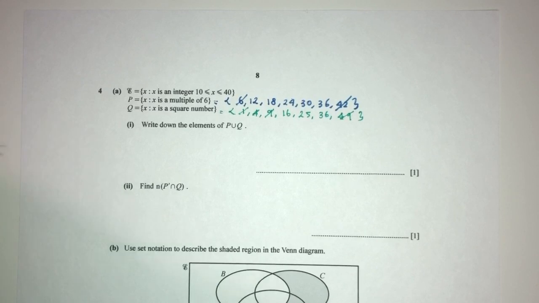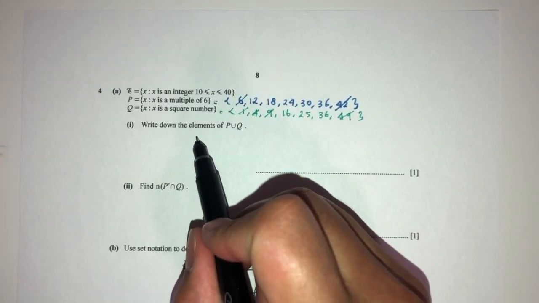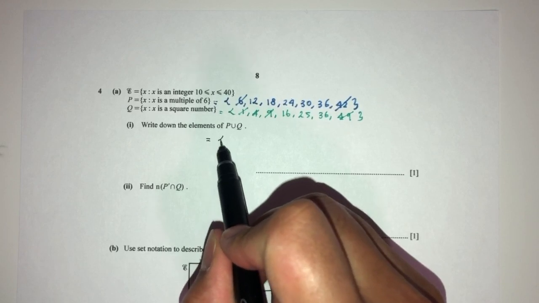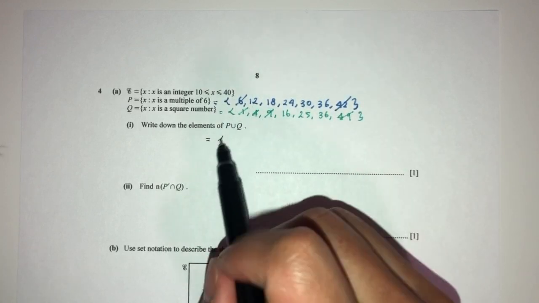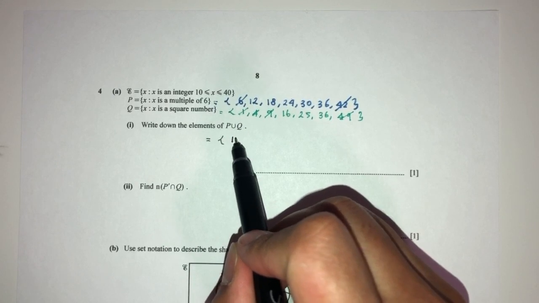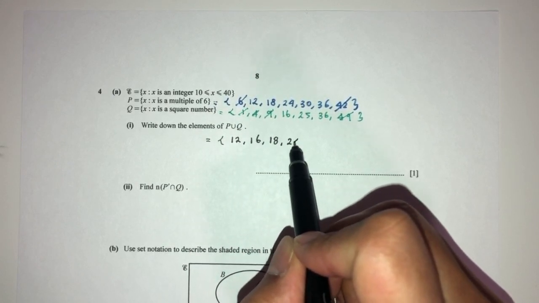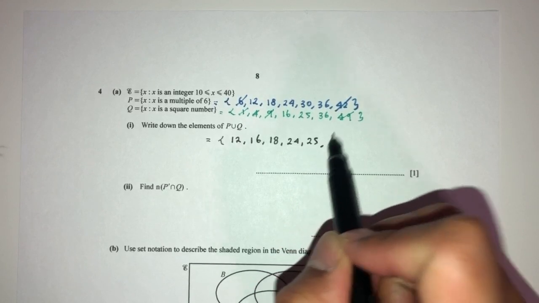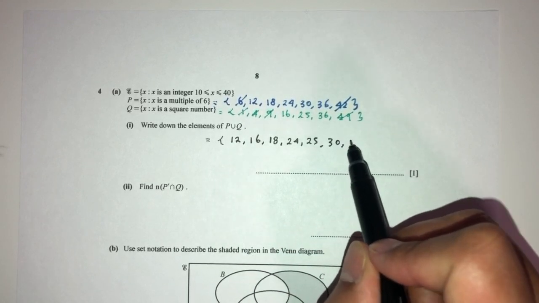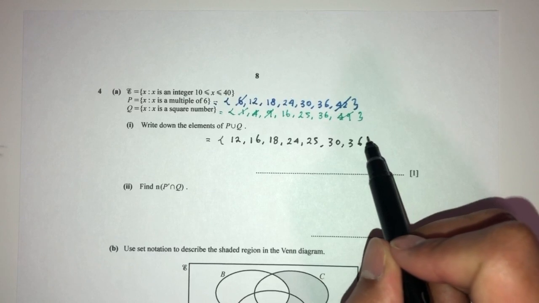Now what else can we do? We have to write down the elements of P union Q. So P union Q will be what? Let's begin with this one. We have 12, then 16, 18, 24, 25, 30, 36.